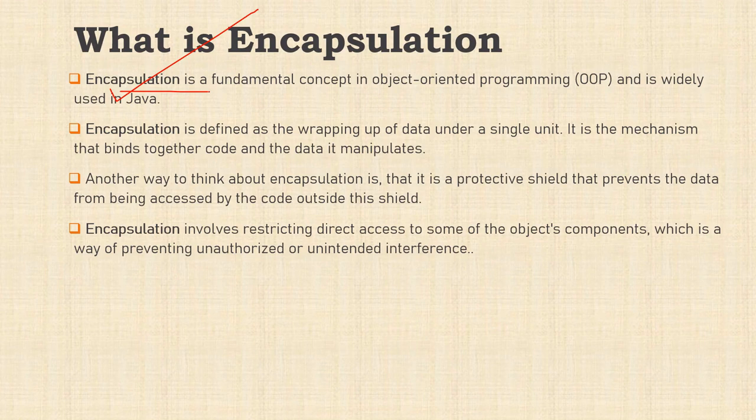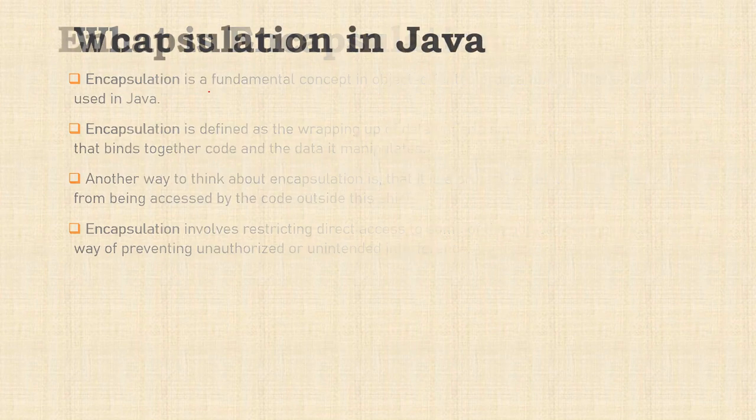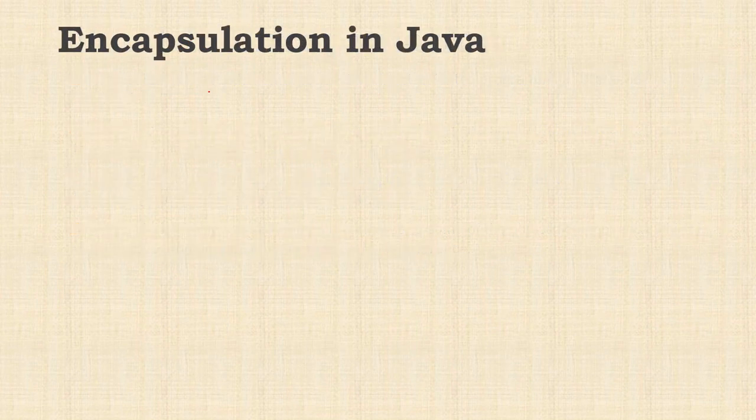It will always be better to use encapsulation if you are doing programming. So how can we achieve encapsulation with the help of Java code? We'll see after this slide how we achieve encapsulation in Java.